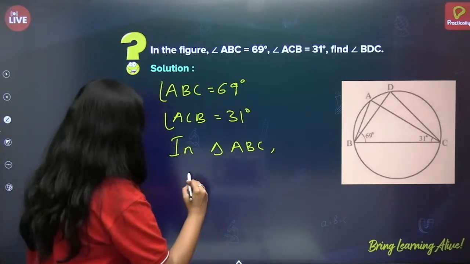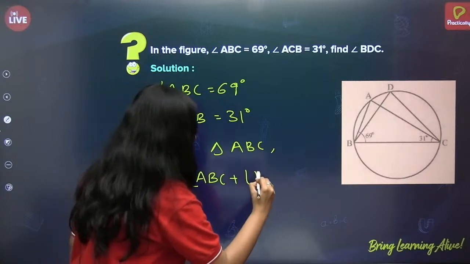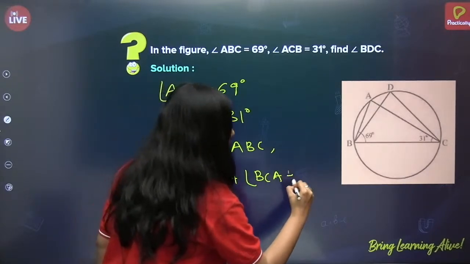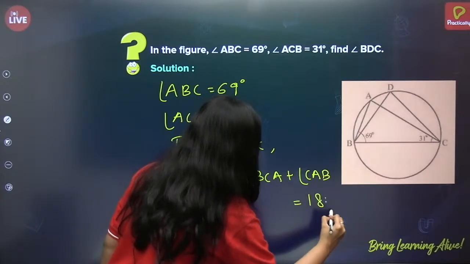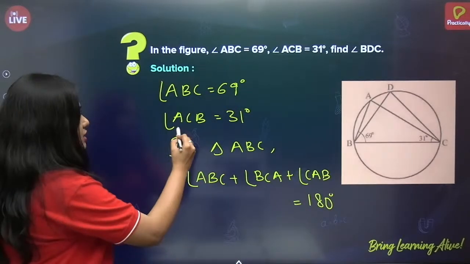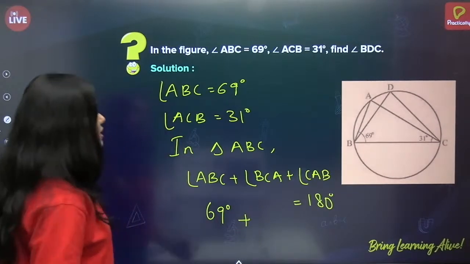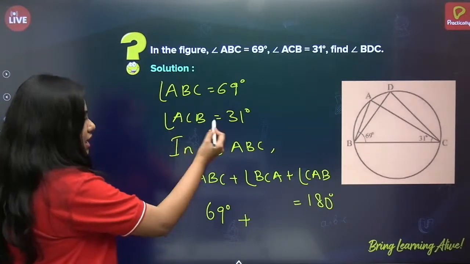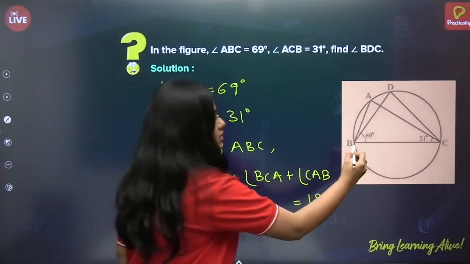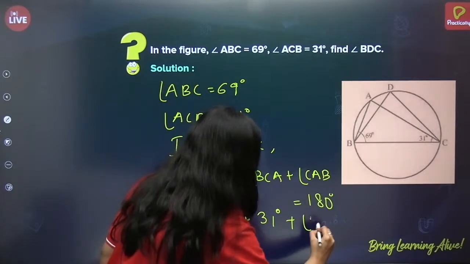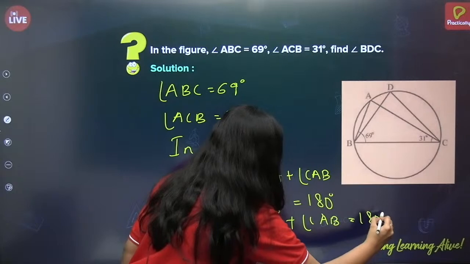So in triangle ABC, angle ABC plus angle BCA plus angle CAB is equal to 180 degrees. But what is angle ABC? 69 degrees plus angle BCA, or ACB, 31 degrees, and we do not know angle CAB.